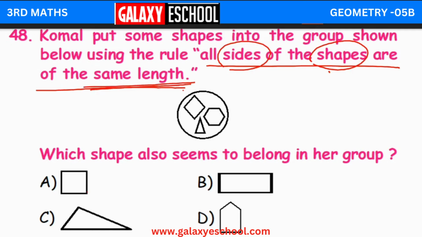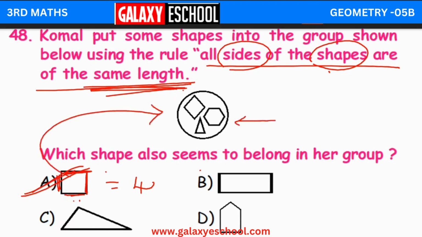Coming to option A, square. Now how many sides does our square have? It has 4 sides. So are all these 4 sides of the same length? Yes. The main property of our square is that all the sides of the square are of same length. So we can put our square also in this group which has shapes whose sides are of the same length.